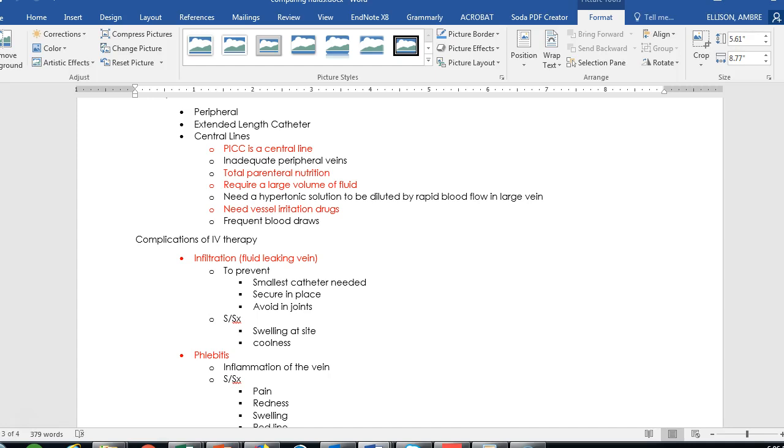But for the majority of things you will be doing, your patient does not need a large catheter. They can survive with a 20-22. You want to secure it in place, and you want to avoid joints because joints bend and you have infiltration quicker. So some signs and symptoms of infiltration: swelling at the site, pooling, blanching of the skin.